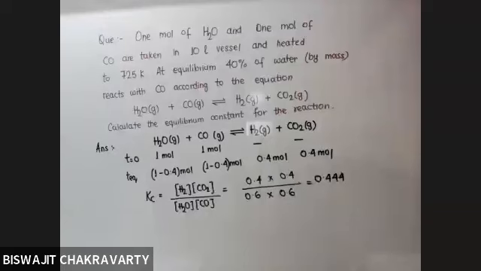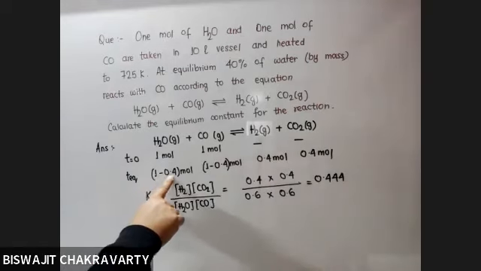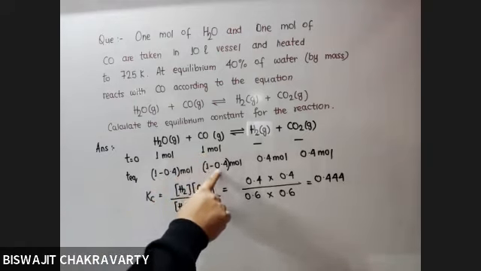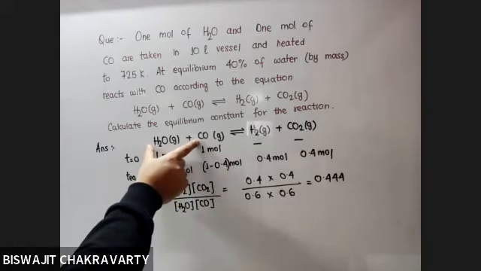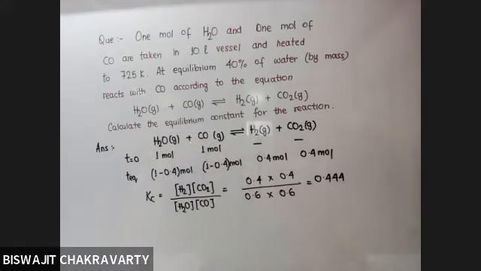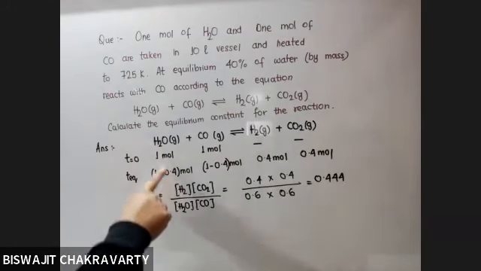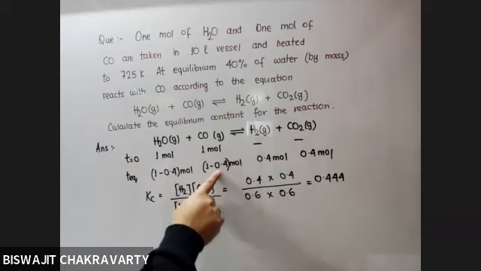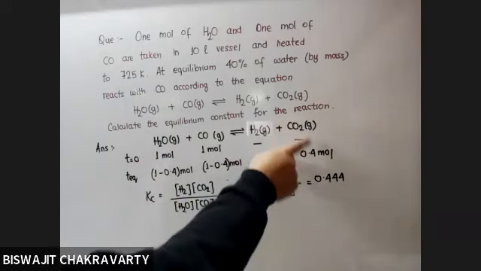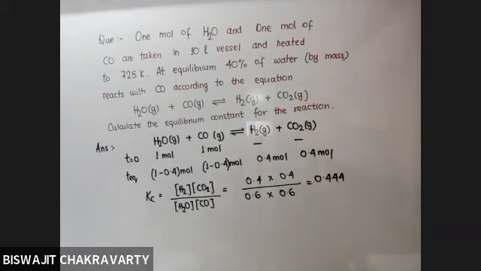What is 40% of 1 mole? 40 by 100 into 1 is 0.4, right? So out of 1, if 0.4 is used, exactly 0.4 of this will also be used because the ratio of reacting species is 1:1. So if 0.4 goes from here, 0.4 will go from here as well, and 0.4 and 0.4 will be produced. Clear? Yes sir.